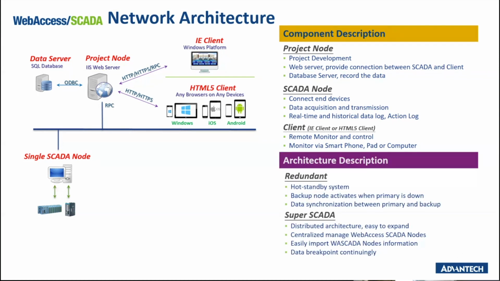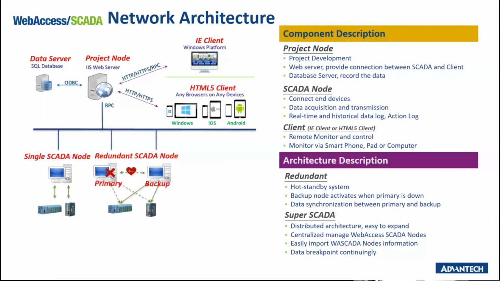Next, I will introduce the architecture description of our WebAccess. First, we have the redundancy system shown in this diagram over here. WebAccess can be set up as a hot standby system with backup data synchronization between the primary and backup SCADA node, as shown at the bottom here.